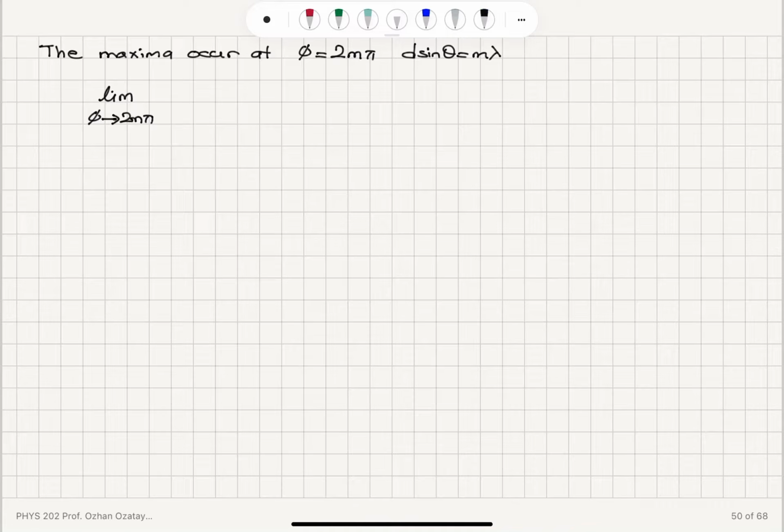What is this number, sin(Nφ/2) over sin(φ/2)? We will obtain an integer multiple of π both on top and at the bottom, so that will give us 0 over 0.